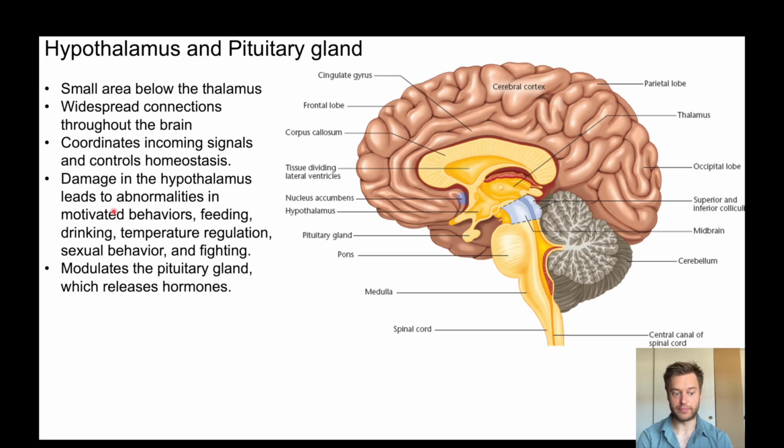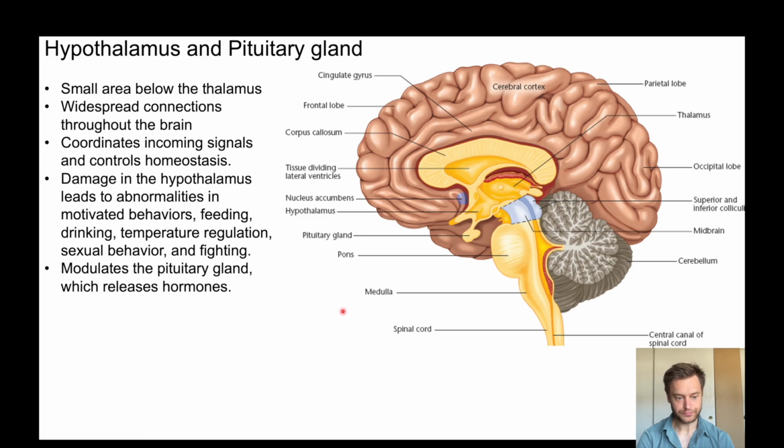Damage in the hypothalamus leads to dysfunction in motivated behaviors like feeding, drinking, temperature regulation, sexual behavior, and fighting. And it modulates the pituitary gland, which releases hormones. So the pituitary gland is very important for a variety of things like puberty and things like this, and the hypothalamus controls the pituitary gland.